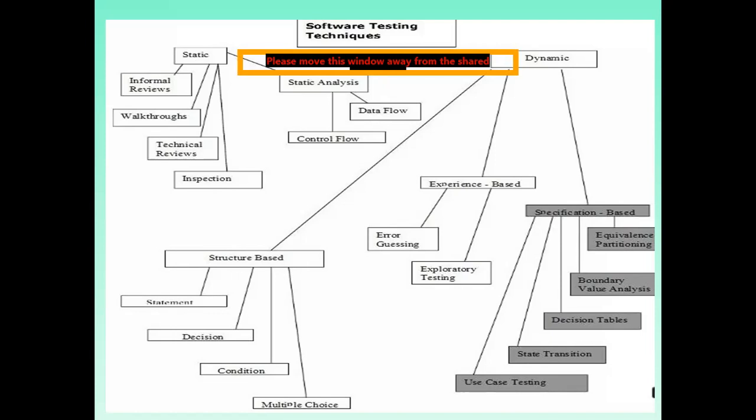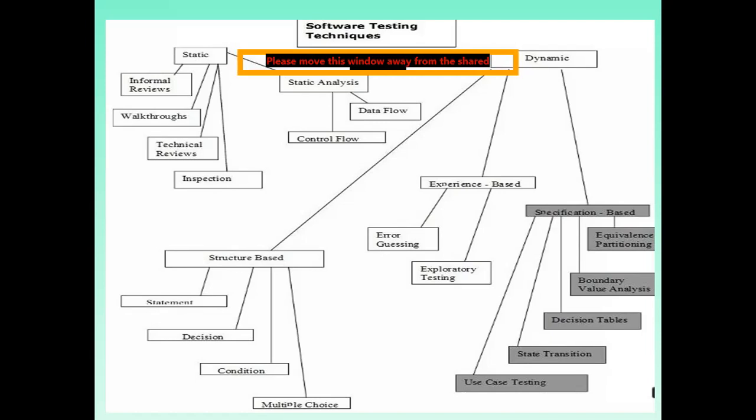Here we can see that at several points we are going to test our software, through the informal review. First we check all those reviews. Informal means we are not going to maintain the records of some reviews, that is called informal reviews.